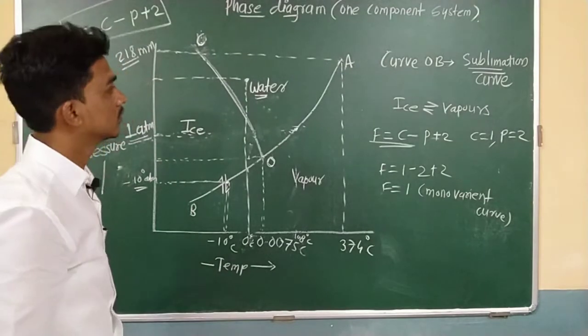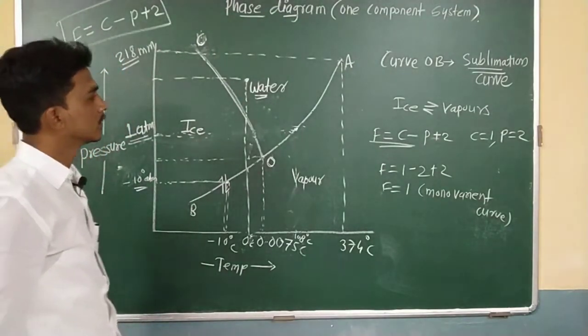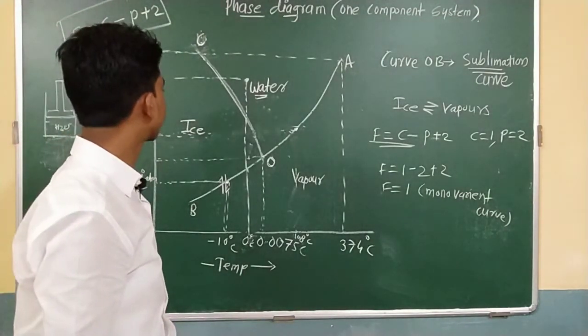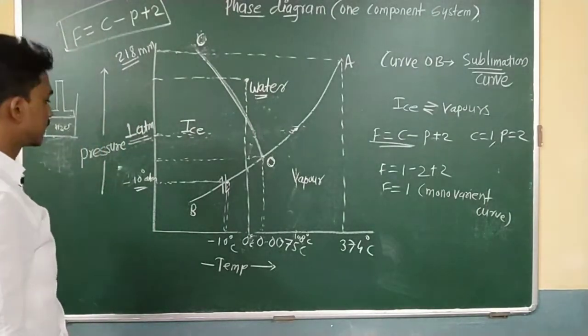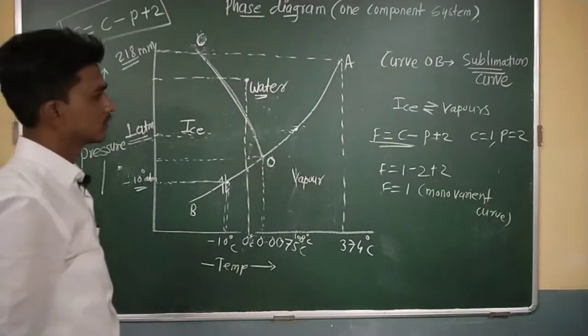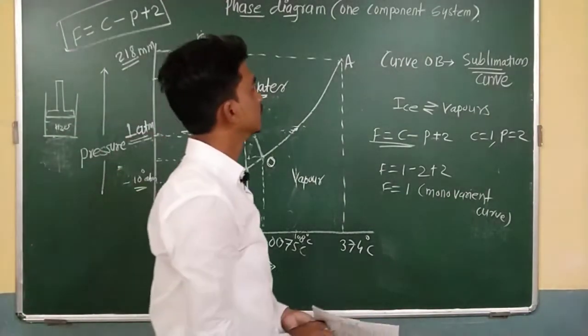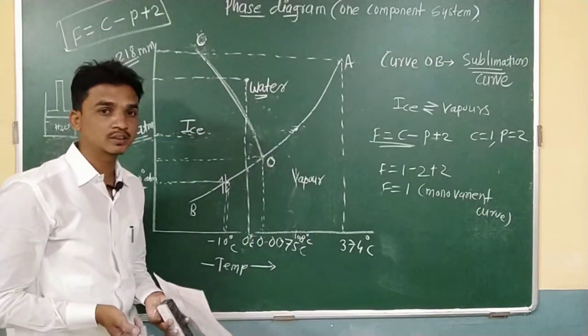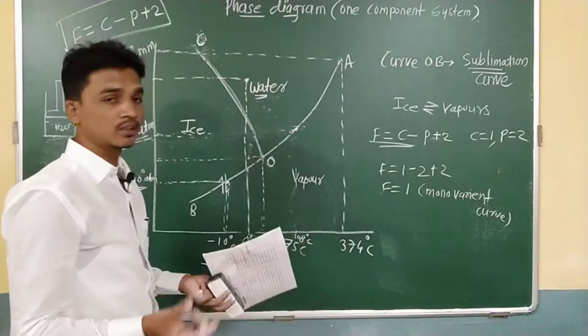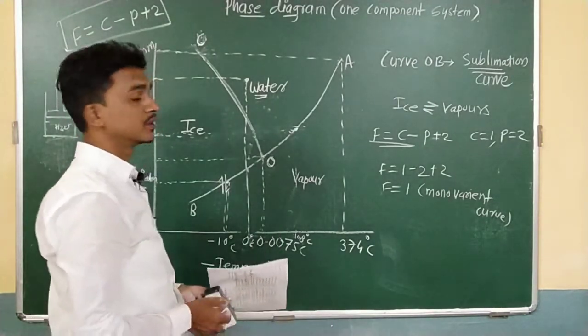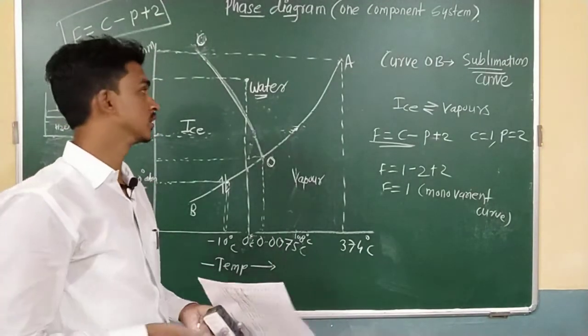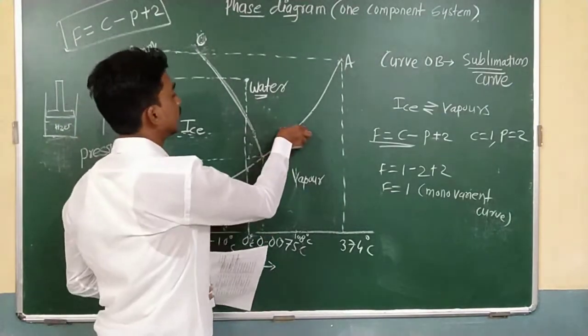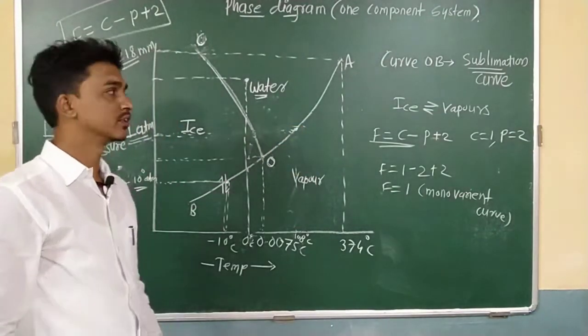I hope I have covered all the things, though I may be missing some points. On the basis of the phase diagram we can predict where equilibrium exists.